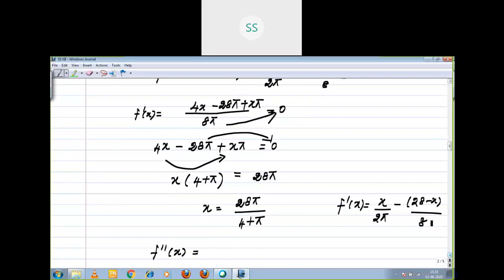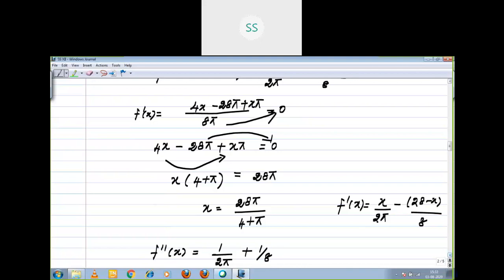This is your f dash of x. This one you are going to differentiate again. So what can you get? 1 by 2 pi. Here minus 28, that is constant, you leave it. Then minus into minus plus x. When you differentiate x, what you will get? 1 by 8. Right?